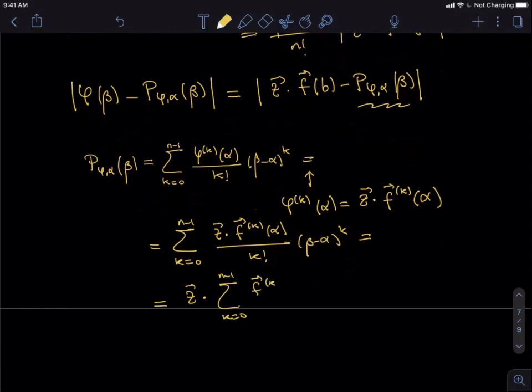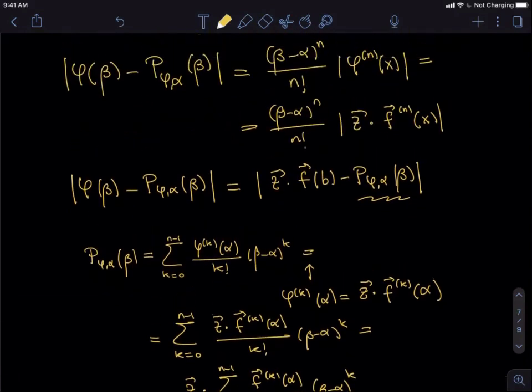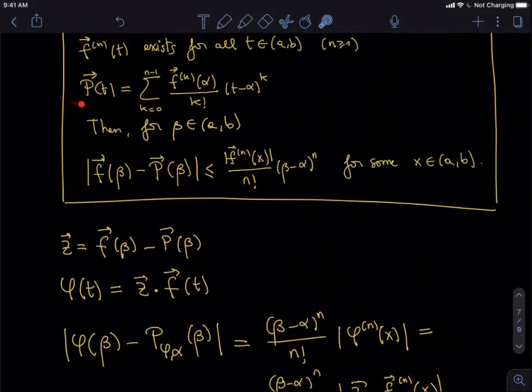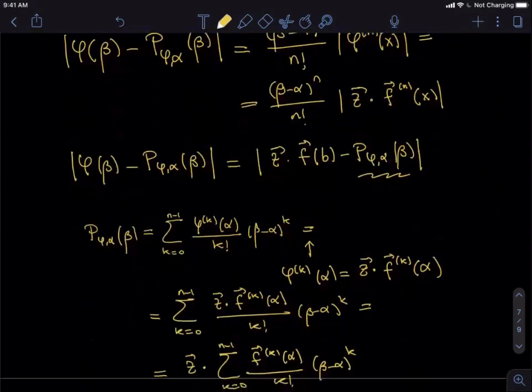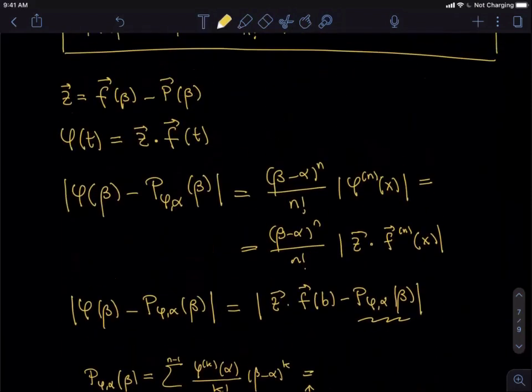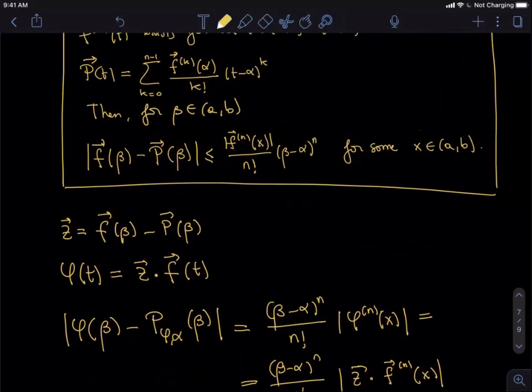So this is f^(k)(alpha) over k factorial times (b minus alpha) to the k. Nice. And if we look at what we have here, that is precisely the definition of p. So this is z times the vector p evaluated at b. Again, notice here that this p is a vector polynomial.